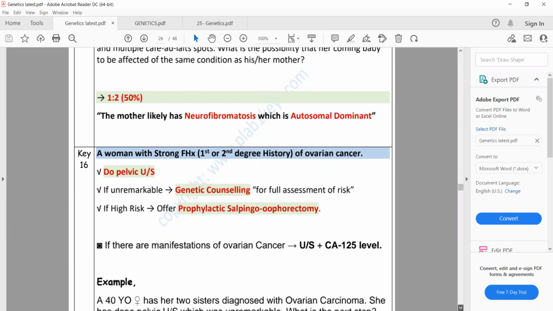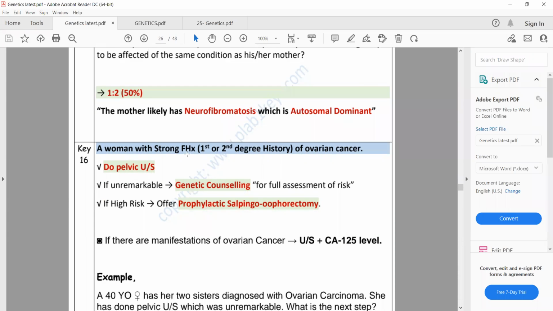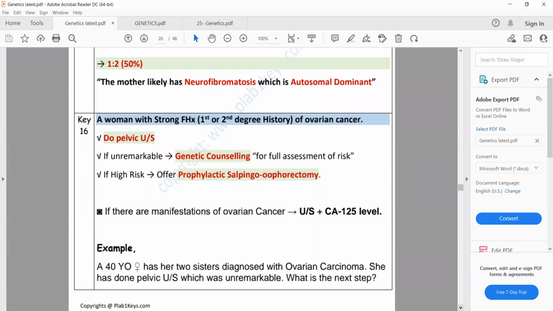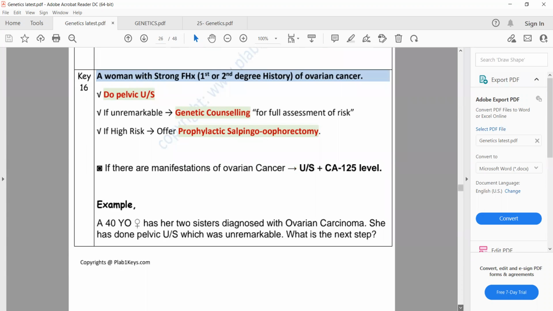Now, what you are going to do with a woman with a strong family history of ovarian cancer. So if someone has a strong family history of ovarian cancer and she is worried about herself that she has the disease or not, then you will do a pelvic ultrasound. And if ultrasound is unremarkable, then you will do genetic counseling for full assessment of risk.